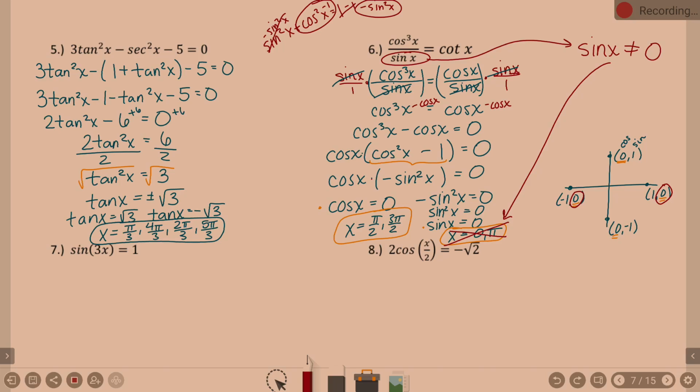Right. Because sine x cannot equal 0. Where does sine equal 0? At 0 radians and at pi radians. Okay, so that's just a weird catch you have to watch out for.